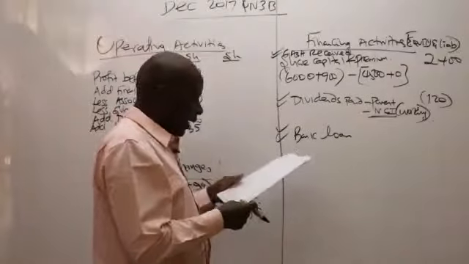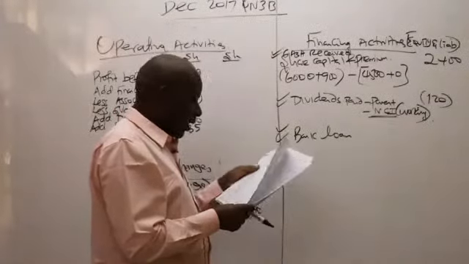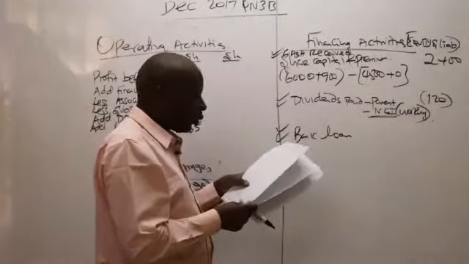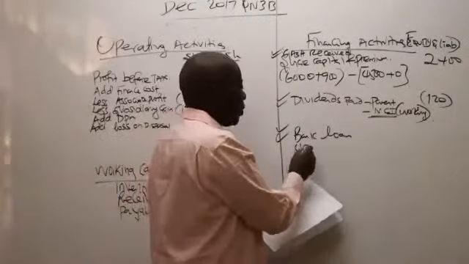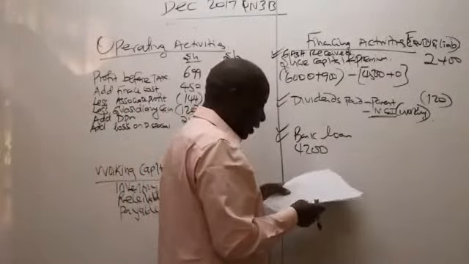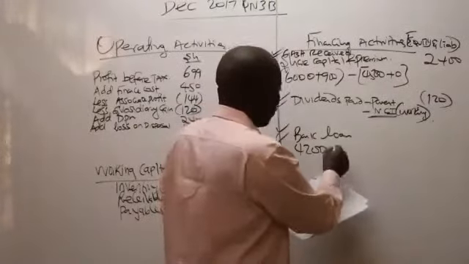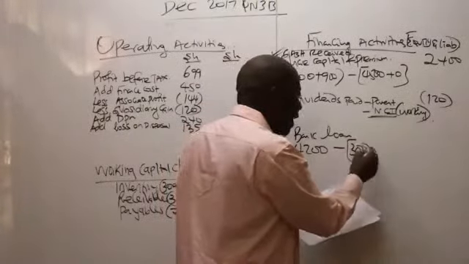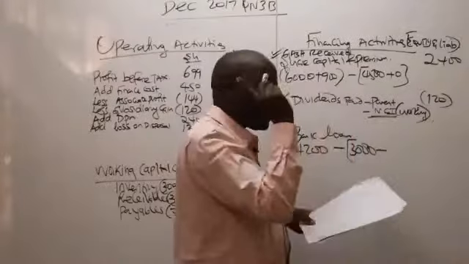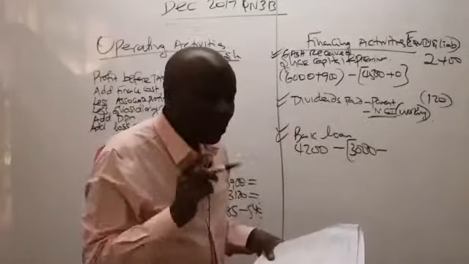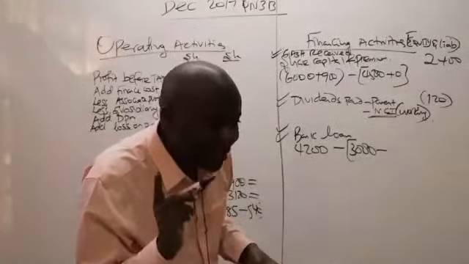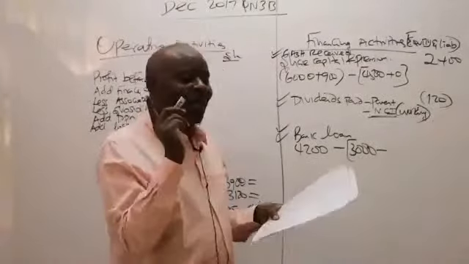So the bank loan I can see here, closing for 2017 was 4,200, minus the opening. Opening is 3,000, but remember, for opening we must make adjustments.